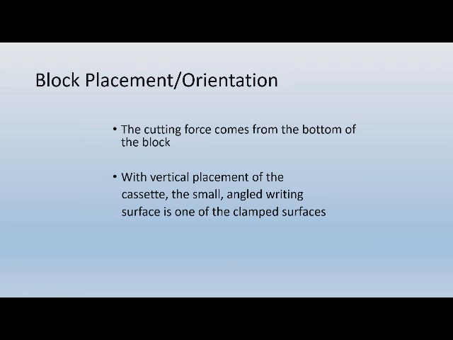Remember that X that I put in that specimen? Well, when we place the block vertically, what's happening is that we are using the angled writing area as one of our clamp surfaces. And this can be dangerous for us because we're not getting 100% of stability there. And coupled with any other wrong thing going on, we could get some serious chatter and some holes, that sort of thing in our tissue.